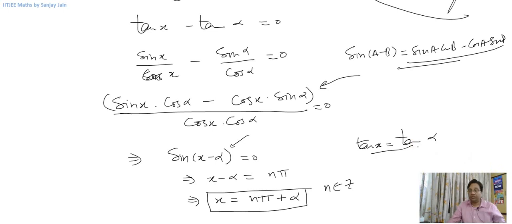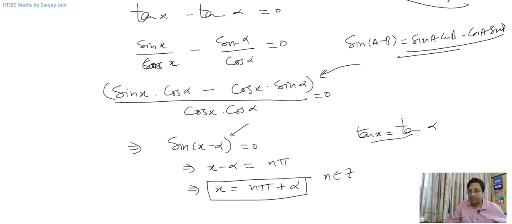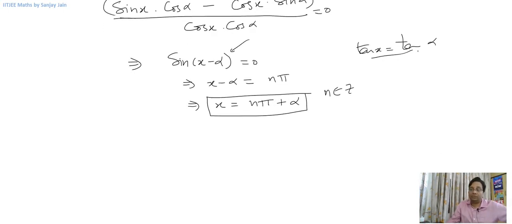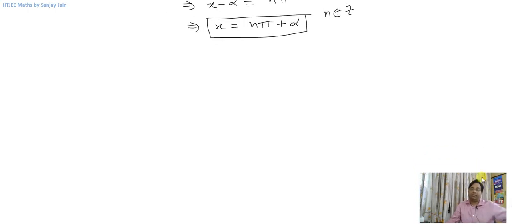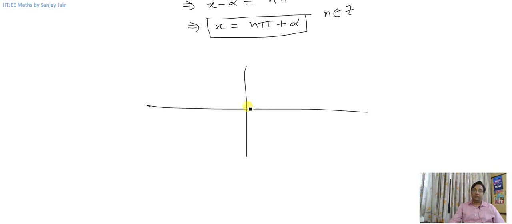I hope these solutions are clear to you, because we have already discussed these solutions using the unit circle, and that was also pretty easy, right? Because for sine it can be here or it can be here. So if this is alpha, this will be alpha here. This is an odd multiple of pi, this is an even multiple of pi. So it was even multiple of pi plus alpha or odd multiple of pi minus alpha.